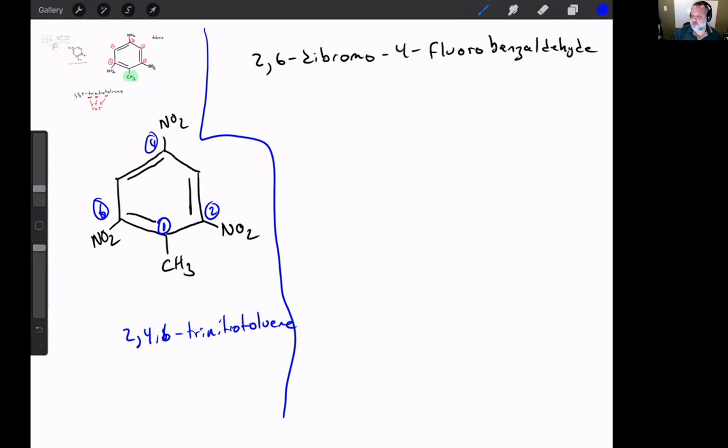Draw out this structure. I'll do the hard part for you. I've deciphered that part of the structure looks like this. And it's benzaldehyde, so that's part of it as well.